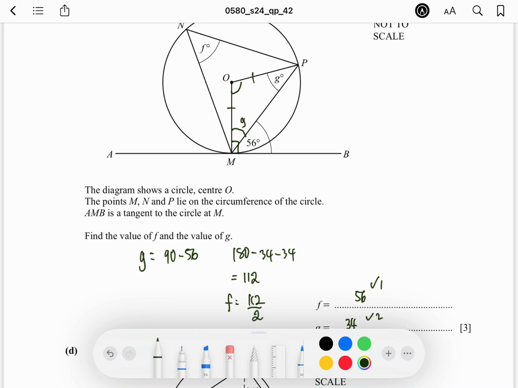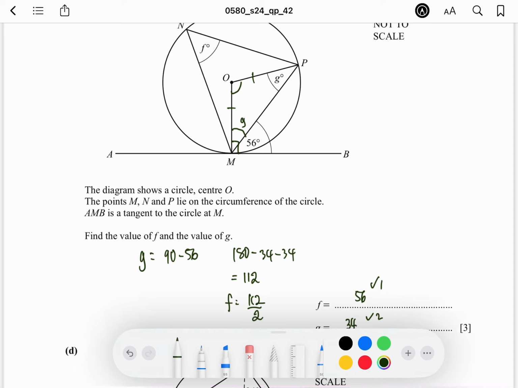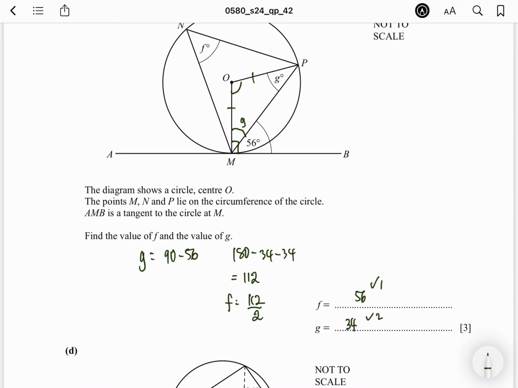So actually F tu memang automatically equals to 56 because that is a property of angles in alternate segment. It's called segment. This chord, if chord yang ada chord ada angle in alternate segment.